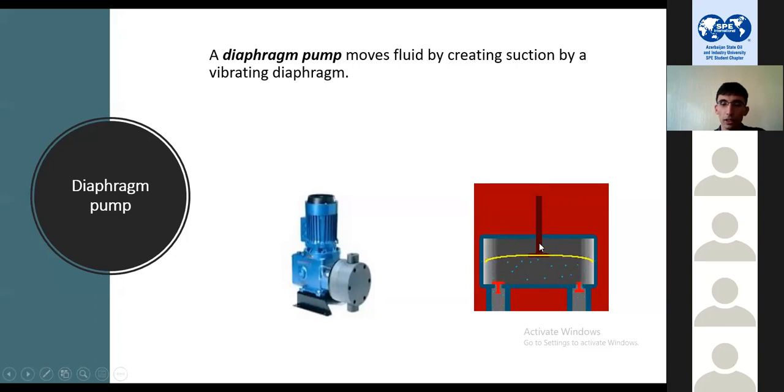When it compresses back, the volume decreases, and this valve opens, and this is the outlet. Positive displacement pumps are used to maintain constant flow, and they're mostly used for liquids that have more viscosity. So we use this pump for pumping oil in our plant.